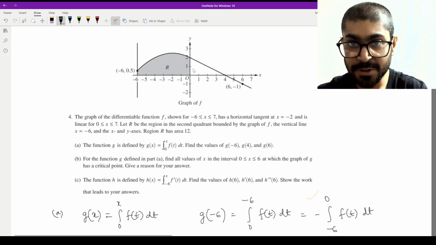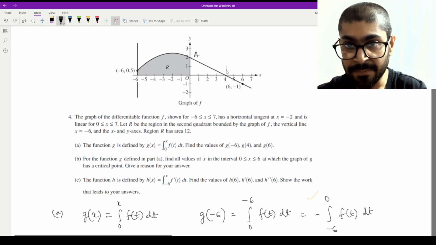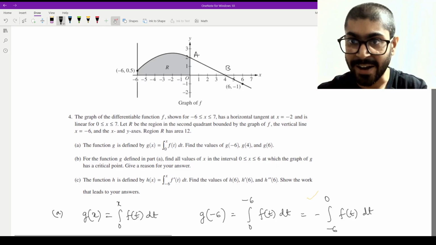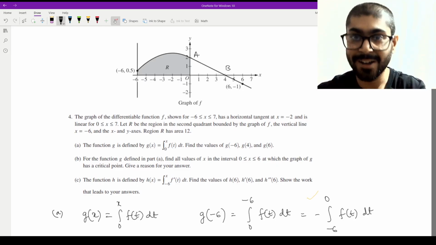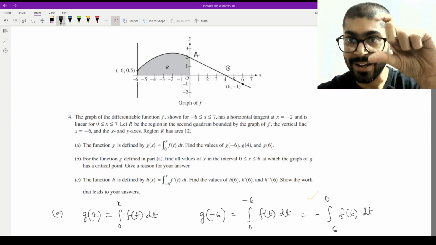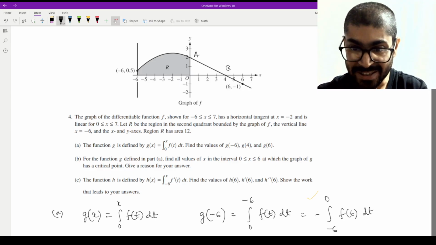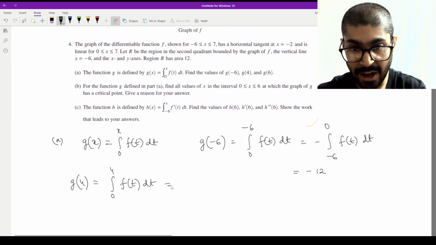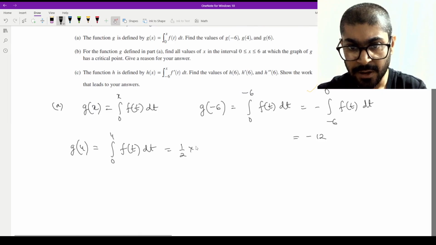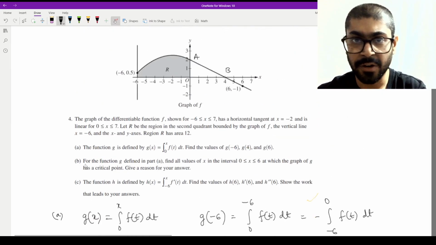Let us name these points A and B. So AOB becomes a triangle, and AOB is a right angle triangle because the axes intersect at right angles, isn't it? So I can calculate the area of the right angle triangle as half base into height. So this is basically half into, what is the base here? 4, and the height is 2, so this is 4. Alright, g of 4 is 4.